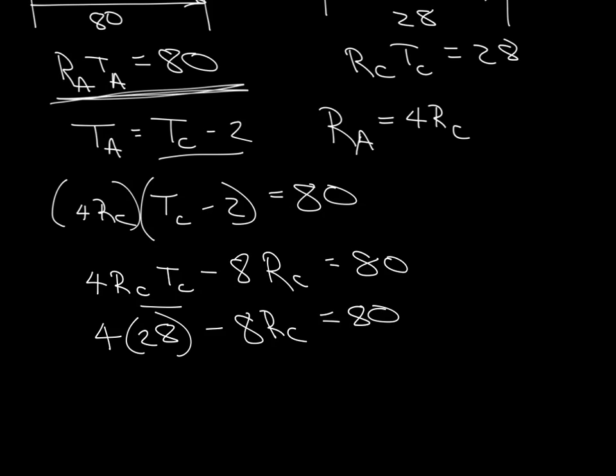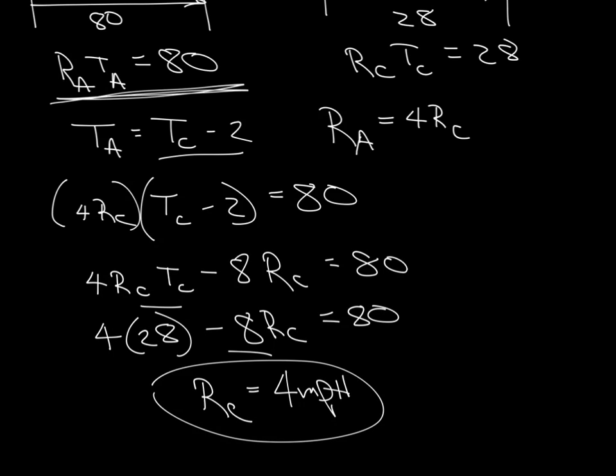So 4 times 28, and then subtract that from 80, and then divide by the -8 there, and we end up with our RC being 4 miles per hour. So that's our RC. So then I can take that 4 miles per hour, put in here, and find out my RA is 16.